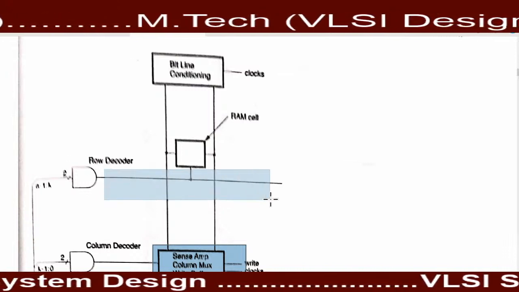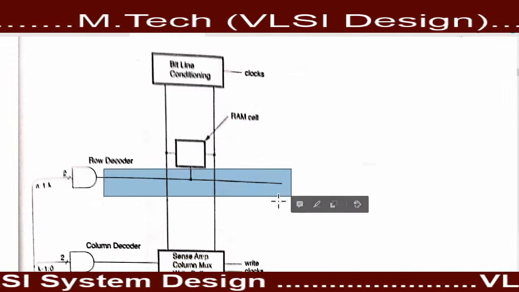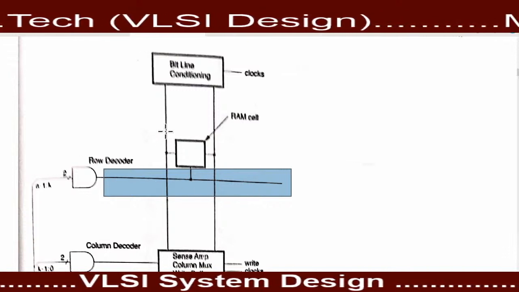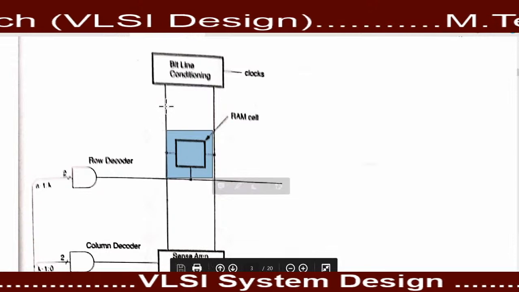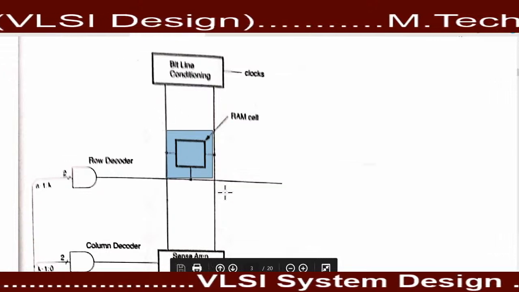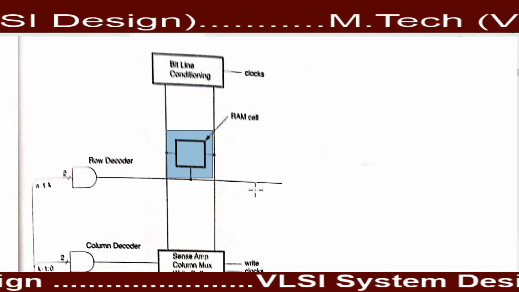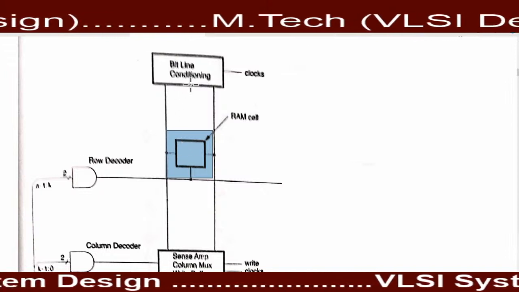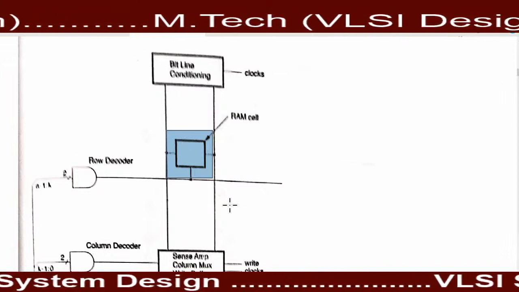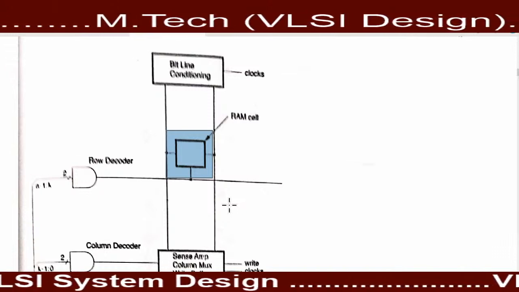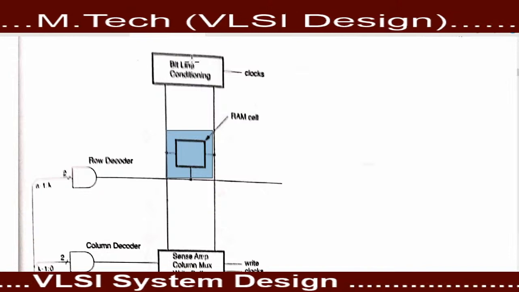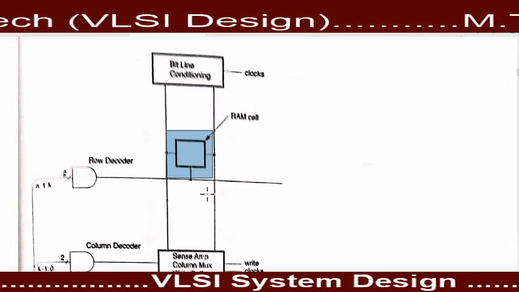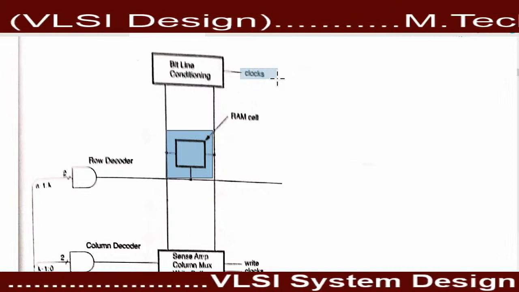This horizontal word line is used to control this memory cell, and this bit line is used to access the data. That means we can write the data, we can read the data, or both operations can be done using this bit line. And at what time we want to access the data can be controlled by using this clock pulse.